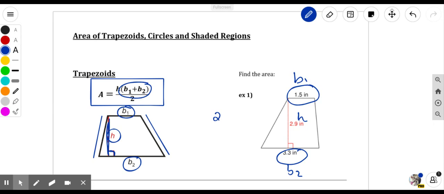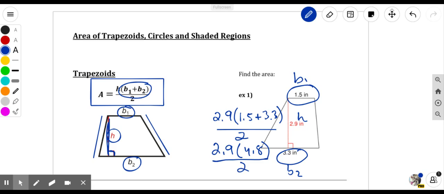So this is going to be 2.9 times (1.5 plus 3.3), and then it's over 2. I'm first going to do the parentheses, 1.5 plus 3.3, which is 4.8. So you're going to do 2.9 times 4.8, and then divide that by 2.